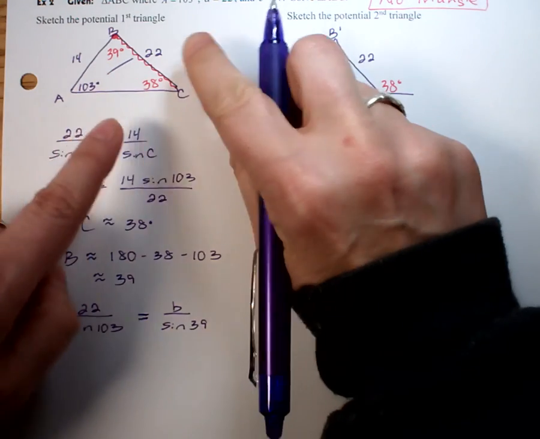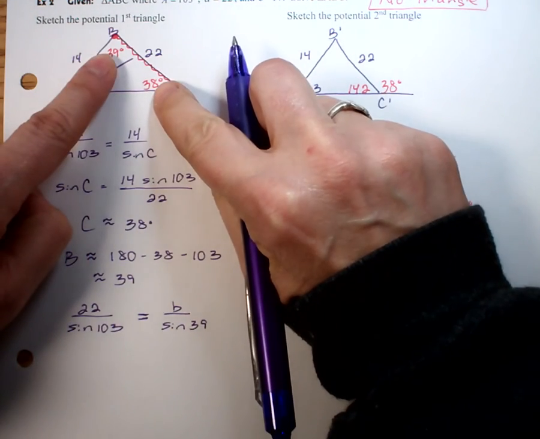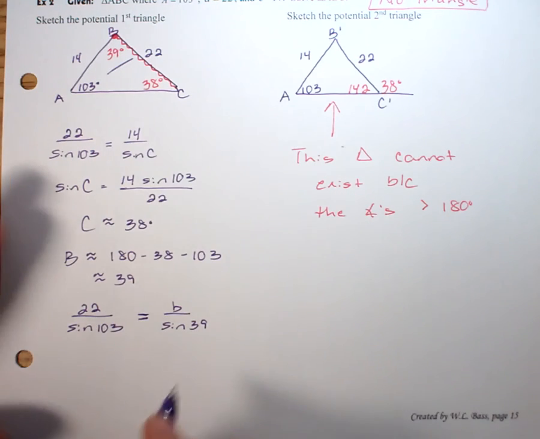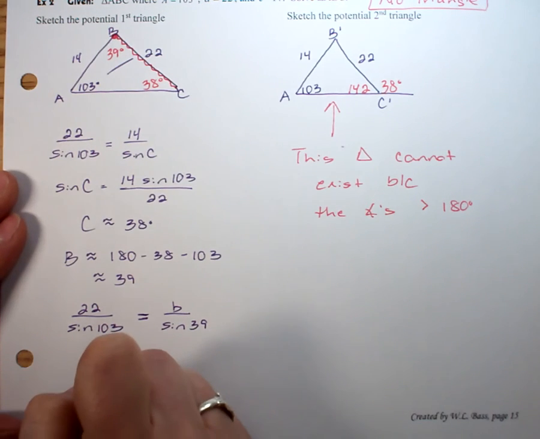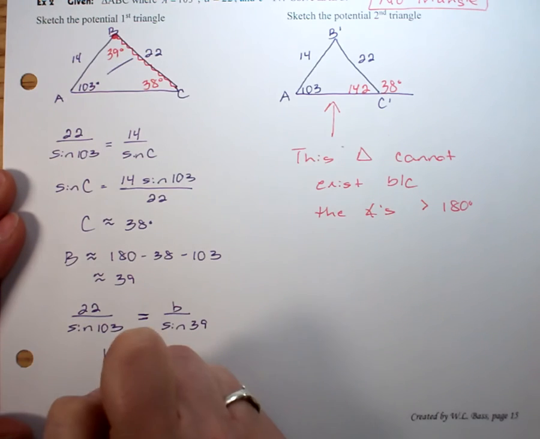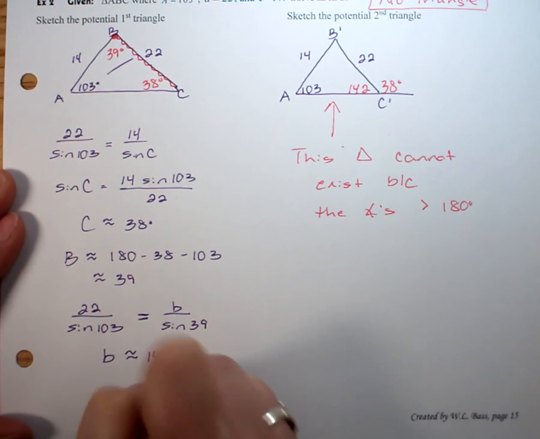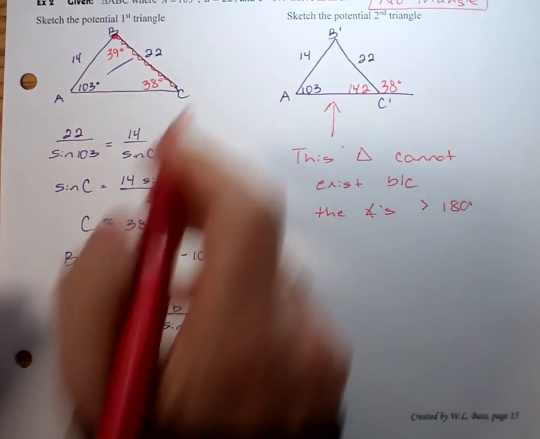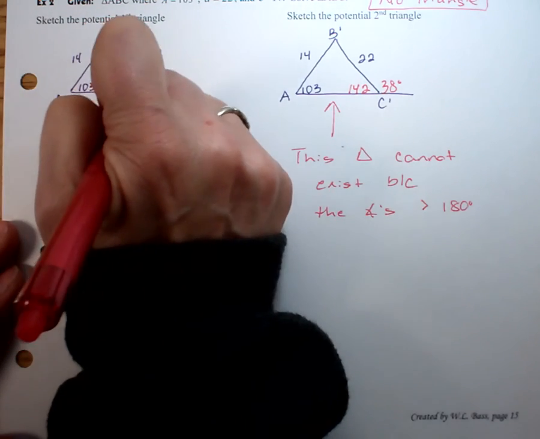Now remember, these angles are about the same, which means these sides should turn out to be about the same. Sure enough, when I complete that algebra, I get that side B is 14.2. I can put that in my picture if I want, and I'm all done.